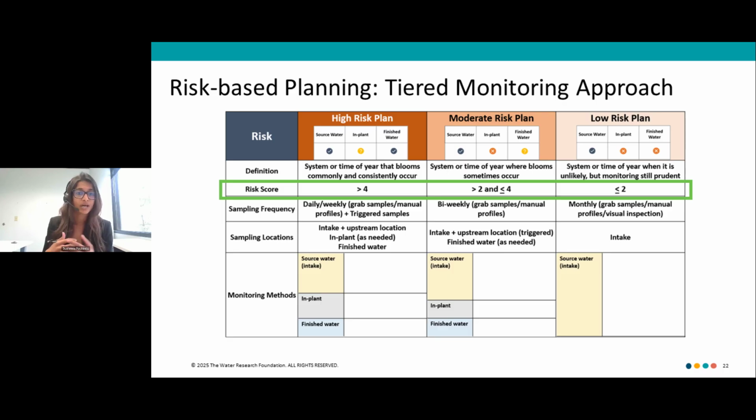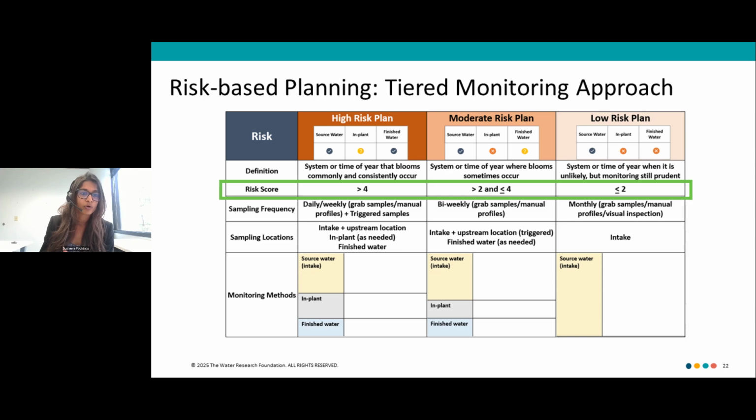It's like the system or time of the year that blooms occur commonly and consistently. Moderate risk is a system or time of the year where sometimes you're seeing the blooms, and low-risk plan is where it's highly unlikely or moderately unlikely, but monitoring is still recommended because there have been some events in the past.